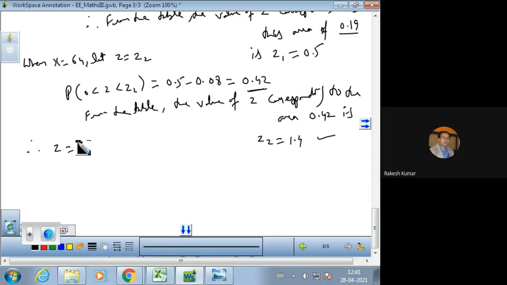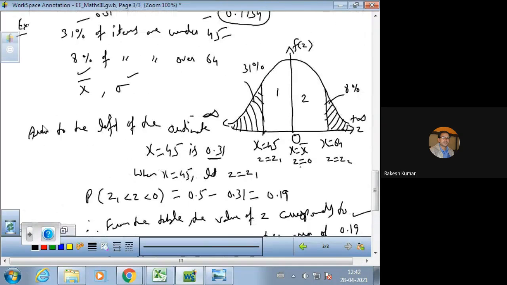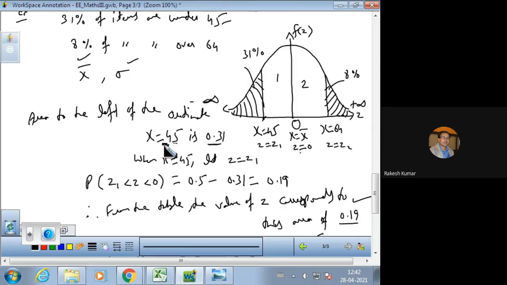Now we know that the formula of Z is (x minus x bar) over sigma. And in the first case, this was your case number 2 for x equal to 64, and in the first case your x was 45.